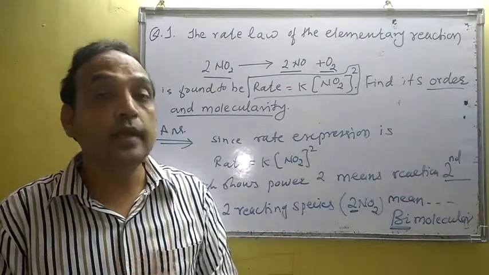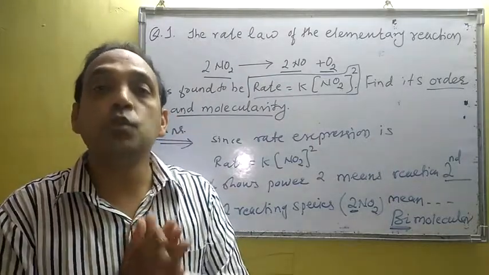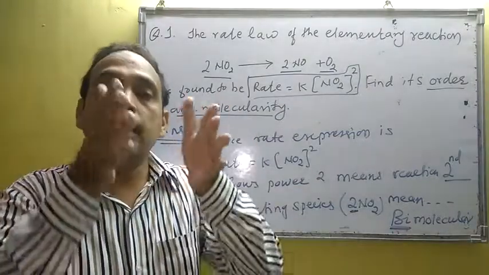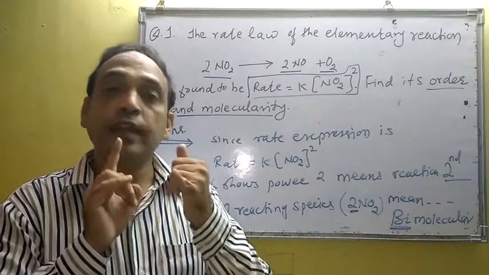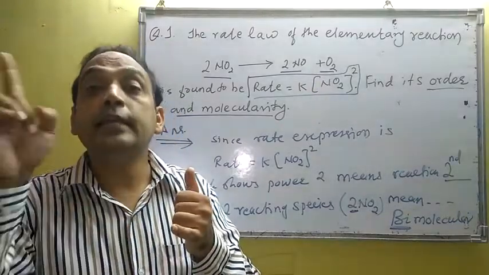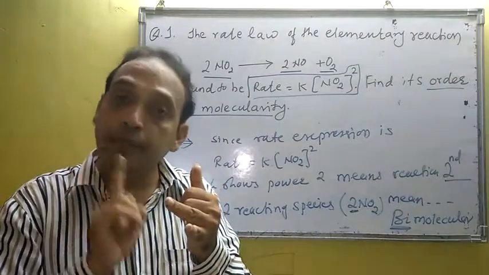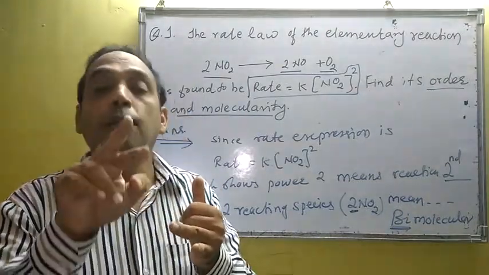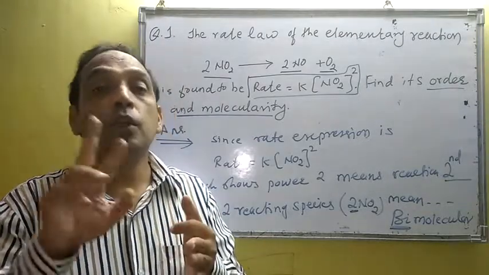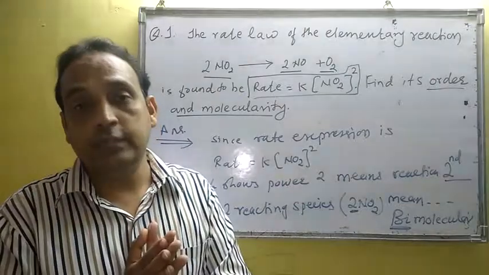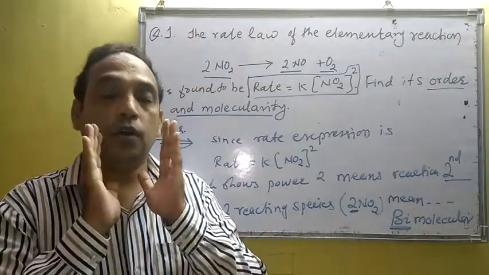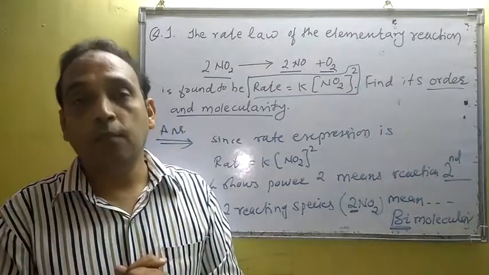And molecularity refers to how many reacting species are involved in the given reaction. Order of reaction is calculated experimentally, molecularity theoretically. Order may be an integer or a fraction. Molecularity is an integer. Order of reaction may be 0. Molecularity cannot be 0.